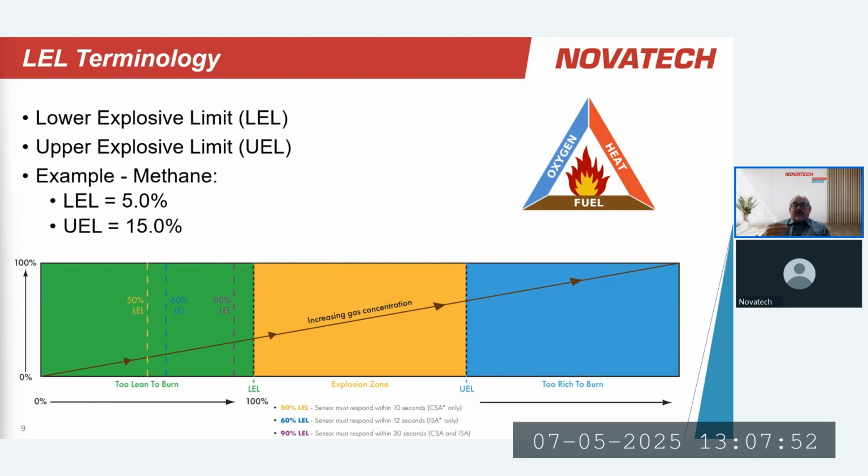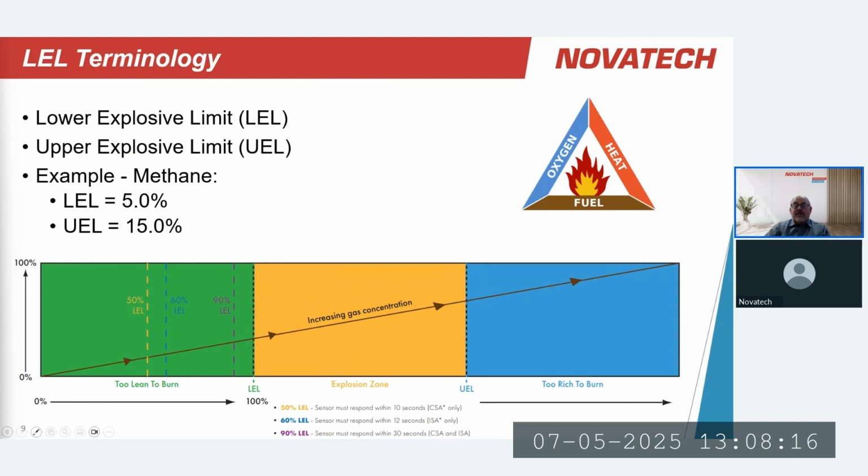If I don't have enough oxygen present, that means I am fuel rich and I'm beyond what's known as the upper explosive limit or upper flammability limit. Combustion can only occur between those concentrations, between the LEL, which is here, and the upper explosive limit, which is here. So only in this yellow zone that we've identified in this chart here.